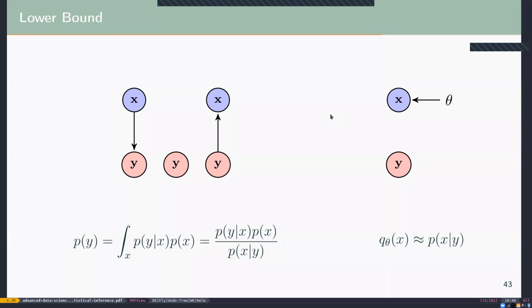We're going to look for the posterior directly, and by looking for the posterior, we're effectively going to find this as well. The way we're going to do this is to pick a distribution Q that is going to approximate this one. This distribution Q is going to have some parameters theta, and we're going to say that theta embodies all the information that y has, so I don't need y.